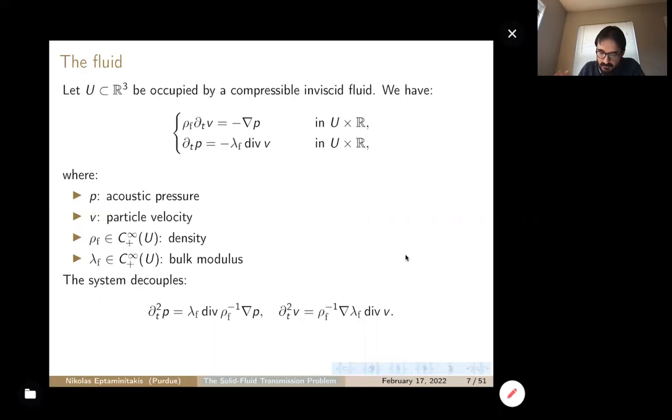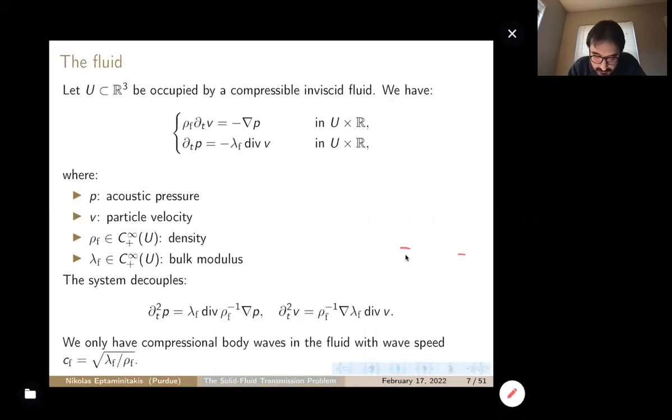It kills any curls. From here we can see that we only have compressional body waves in the fluid, so we don't have those shear waves in which particles oscillate in a direction perpendicular to the direction of propagation, and the wave speed is given by this quantity here. It's the square root of the ratio of lambda over rho.